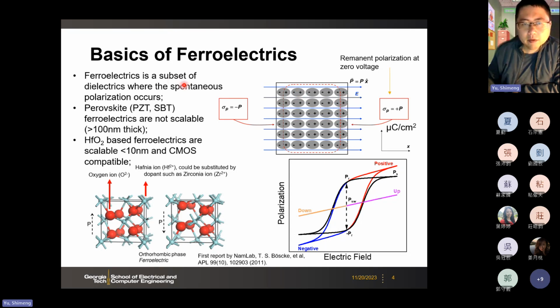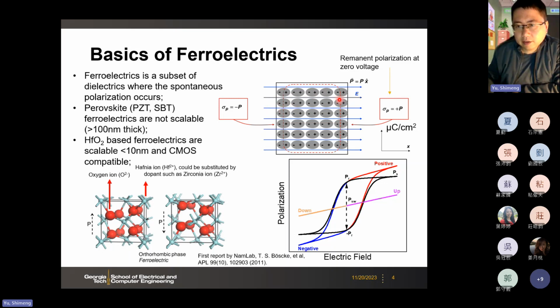And in the normal dielectric, after we remove the external field, the dipoles will be randomized. Then the net charge at the surface will be 0 because those orientations are randomized. But the ferroelectric is a special subset of the dielectric, where after we remove the electrical field, the dipoles will still be aligned in this direction.